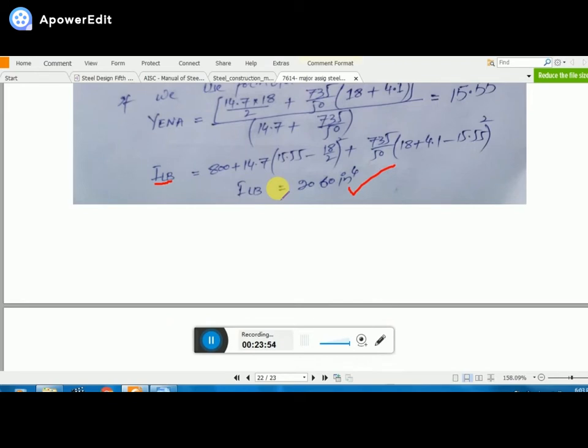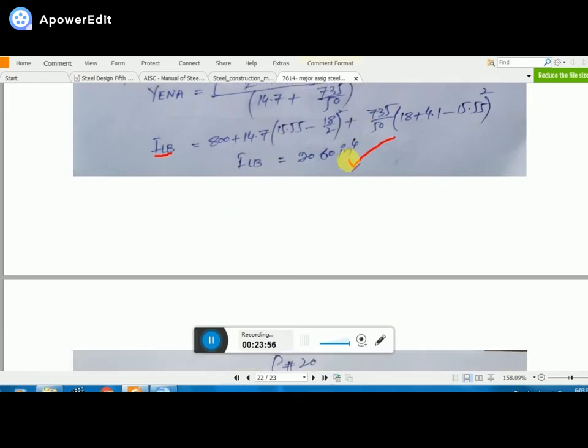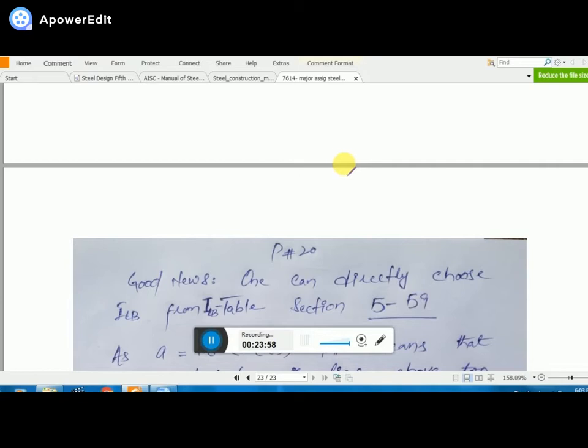Moving forward, you see both equations give you the same result. There is good news, and this is pretty cool, because in steel structures, or you can say in structure subjects, there is also good news.